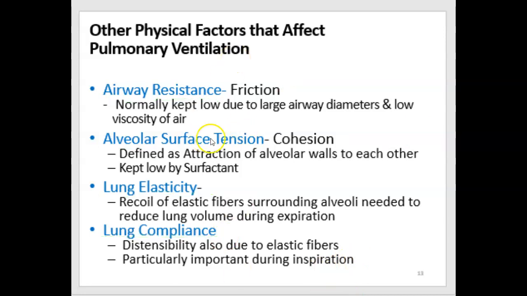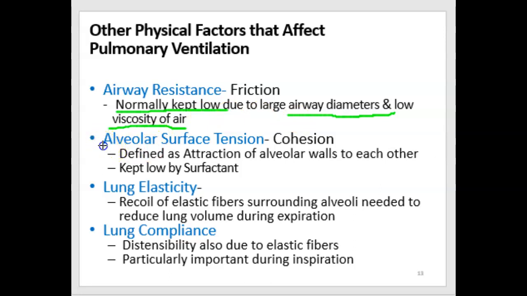So normally friction or airway resistance is kept pretty low in a healthy respiratory system due to the fact that airway diameters are quite large and air is not viscous at all. Not as viscous as a fluid, and certainly not like a gooey fluid. So resistance is usually quite low. That changes with disorders, of course.